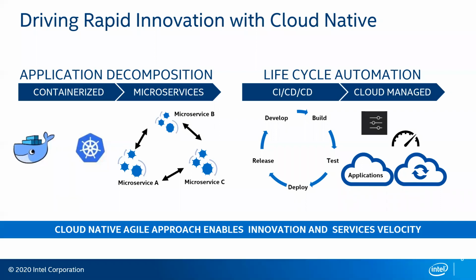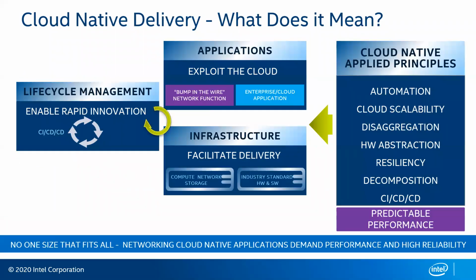Then next slide here, I'm going back to our foundational three building blocks, but trying to emphasize here that applications can be of many kinds. You can have enterprise cloud applications, and we can have network functions.